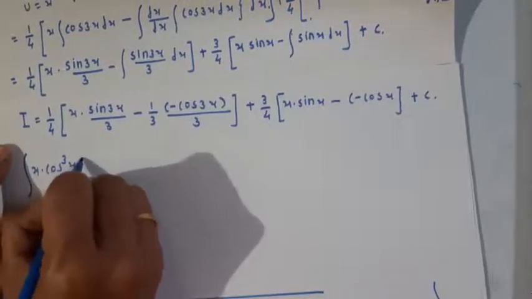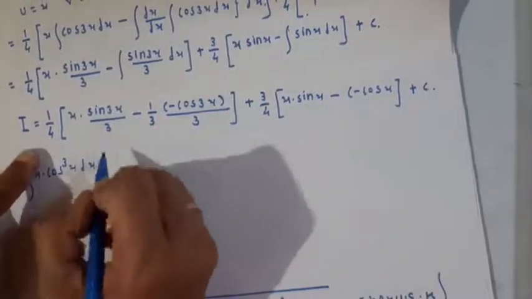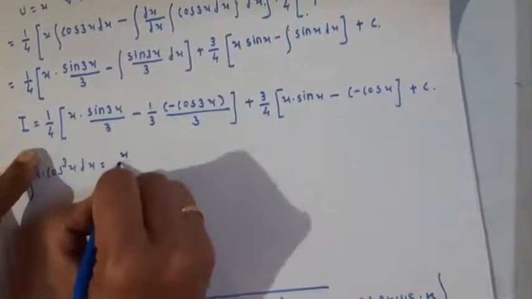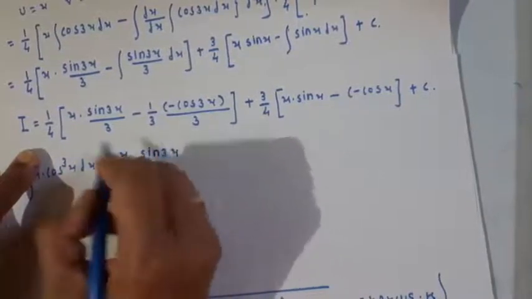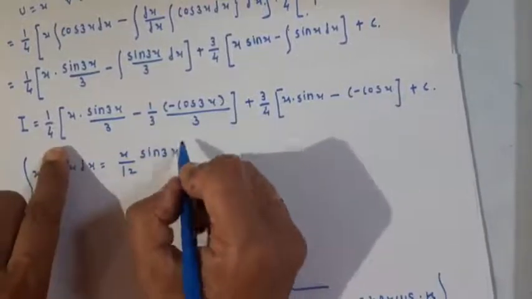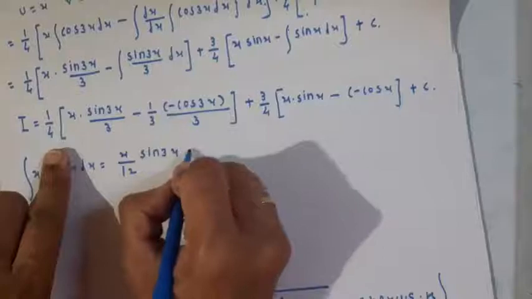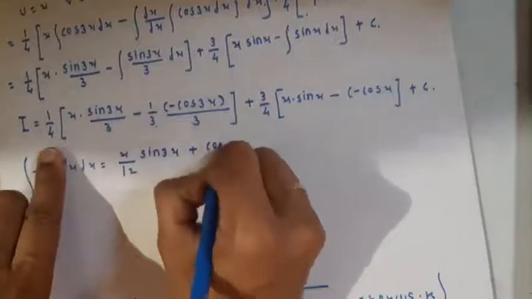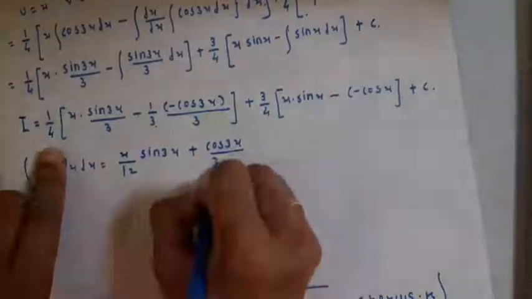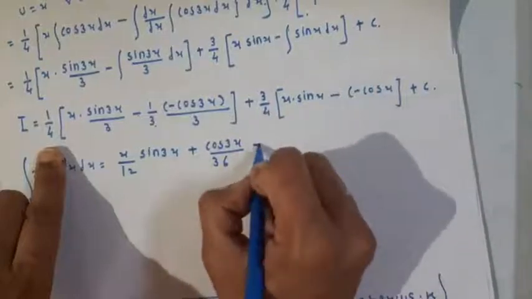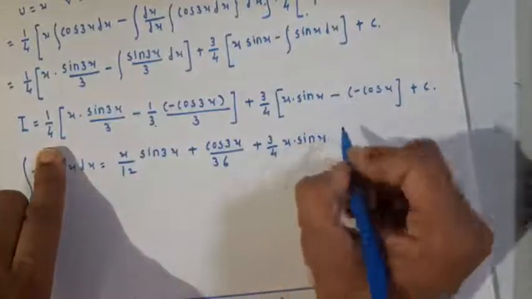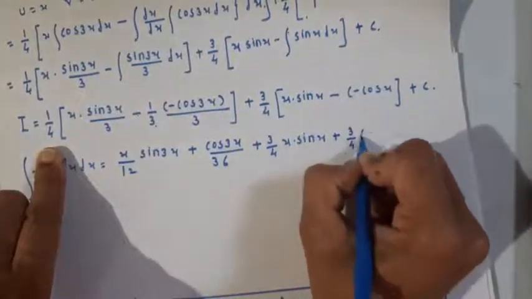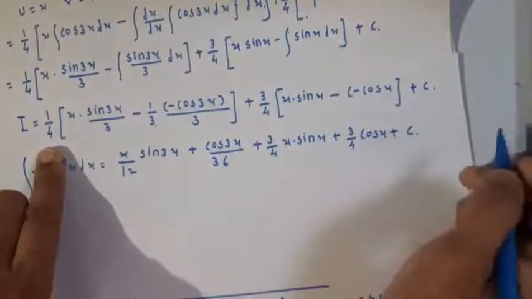And our final answer, that is integration of x cos cube x with respect to x, is x by 12 into sin of 3x, then minus becomes plus, 3 into 3 is 9, into 4 is 36, that is cos of 3x upon 36, plus 3 by 4 x into sin of x, and plus 3 by 4 cos of x plus constant of integration.